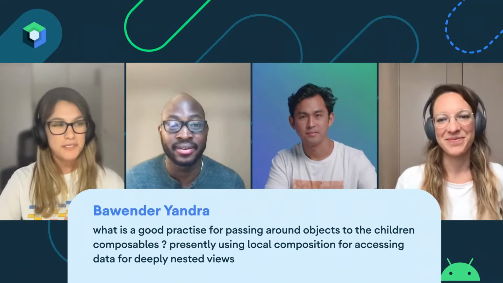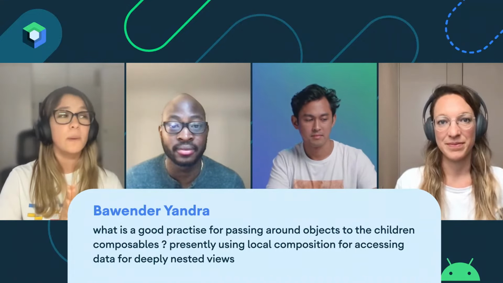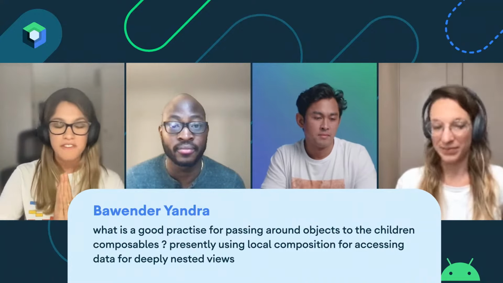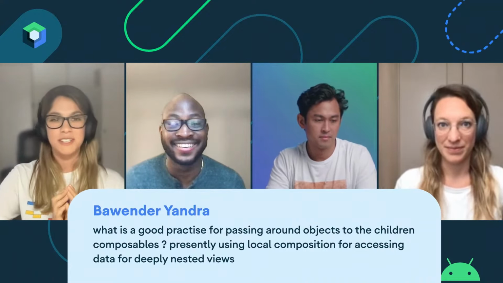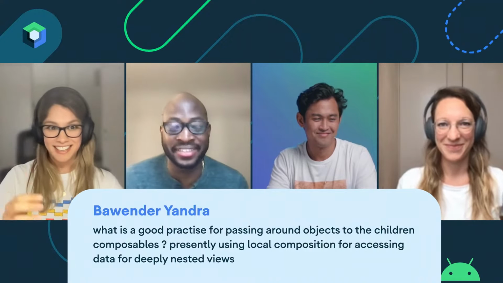Next up, what is a good practice for passing around objects to the child composables? Presently, using CompositionLocal for accessing data for deeply nested views. A very architectural question. I can go for this.